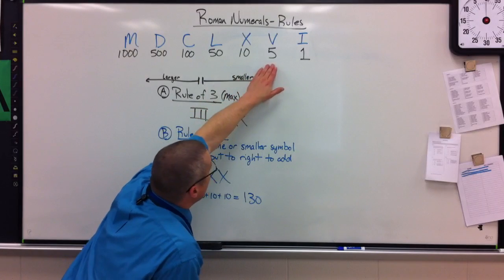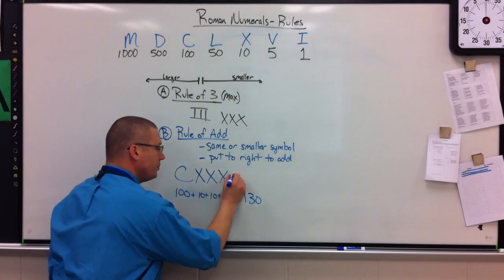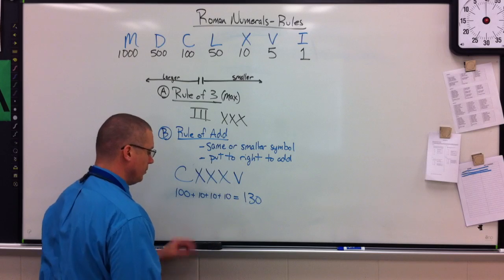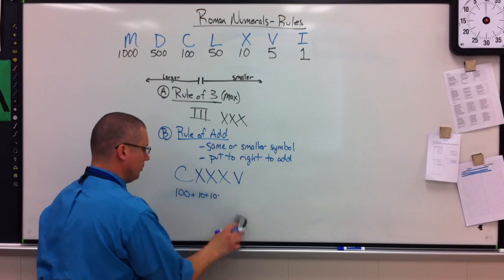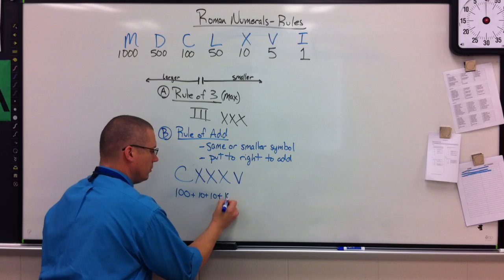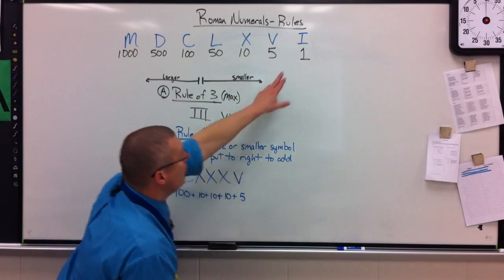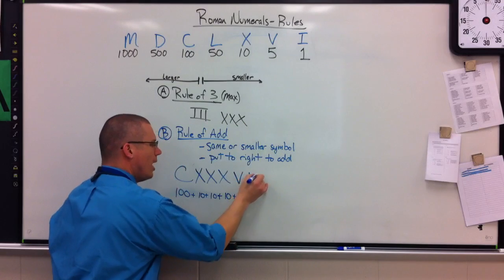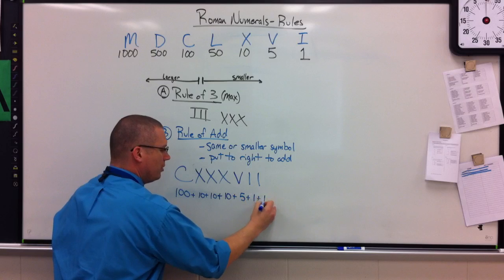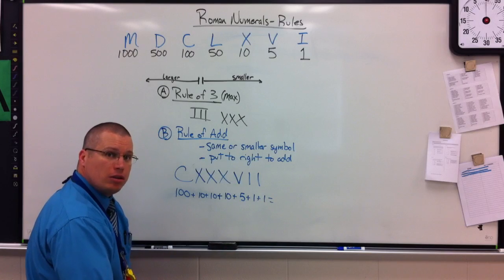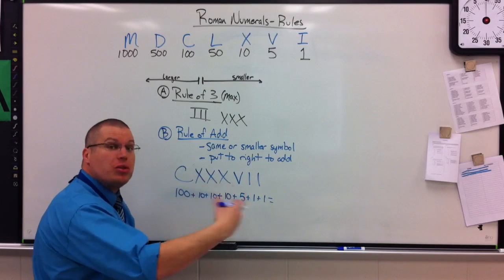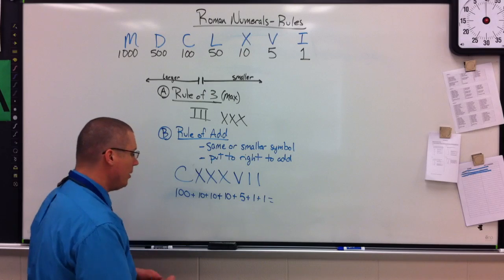I could add on a 5. I could add on a couple I's. That would be plus 1 plus 1. So my rule of add is add things to the right side. Okay?